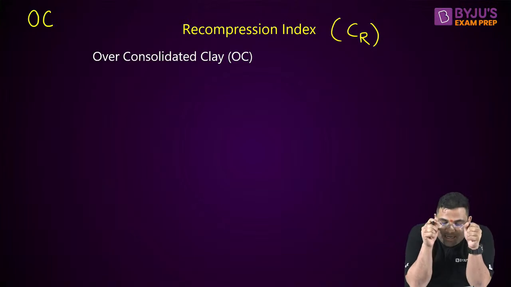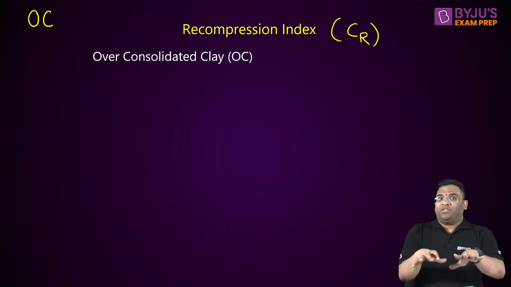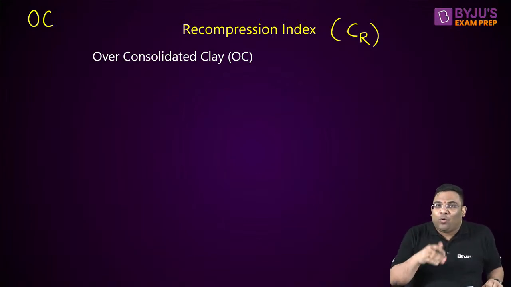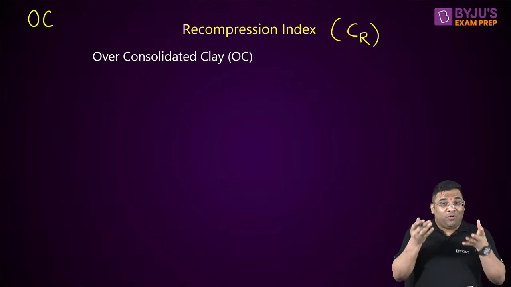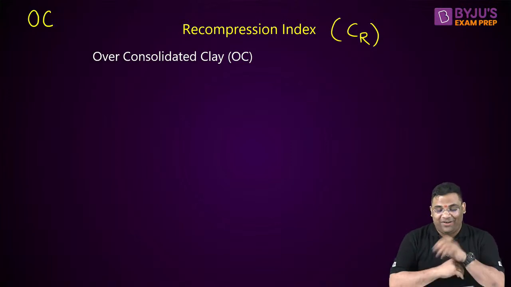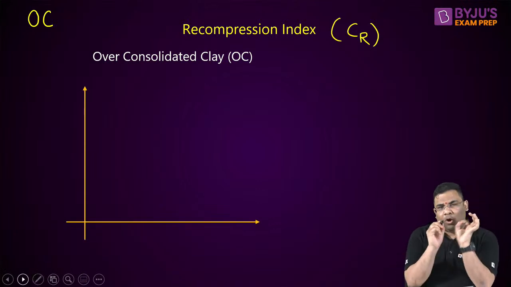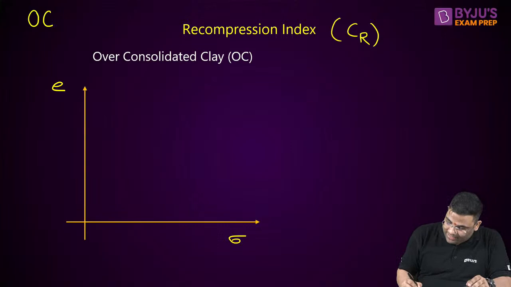Why? Because in NC, the soil is experiencing the stress for the first time, so it is only compression. Whereas for OC, the soil has already experienced the stress before, so for the soil it becomes recompression. Now, for OC clay, if we plot a similar curve, e versus sigma dash.